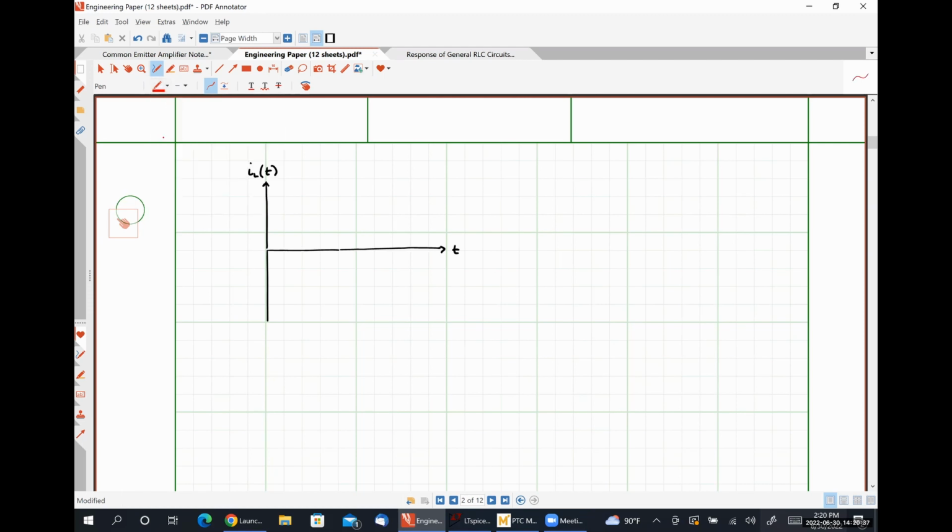Let's say that my current does something like this. Just for the sake of argument, let's call this 10 amps. Let's call this 2 seconds. Let's call this 7 seconds, this 9 seconds, this over here is 0 seconds.